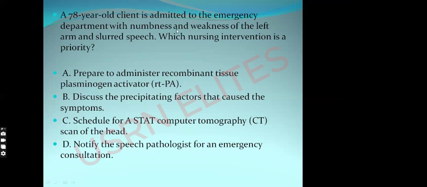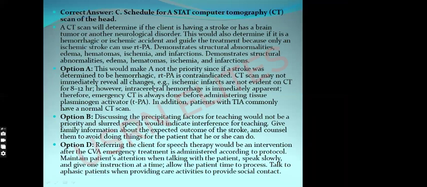CVA, suggestive of stroke. But how can we know the type of stroke and the treatment to give? That test will lead us to do the scan. That will lead us to the C. I don't think we even need to go through this because we all understand.